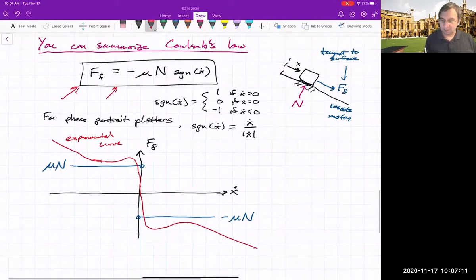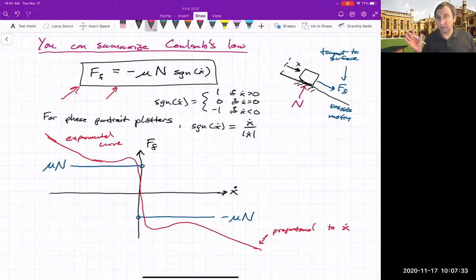What's happening here at these ends? At these ends, now we've got something that's becoming proportional to x dot, right? One of the main things here is that when this is flat at plus or minus mu N, it's independent of x dot. But at some point, you get things that are proportional to x dot.